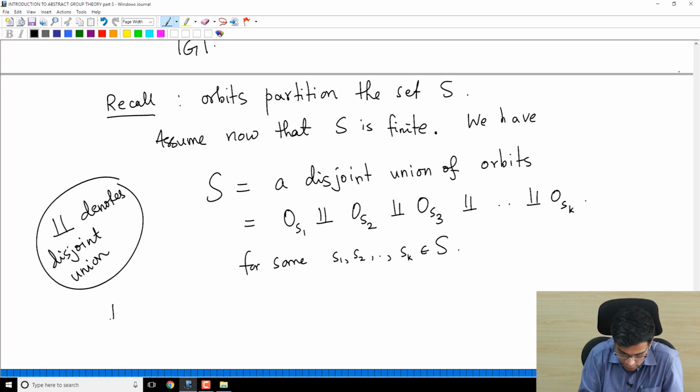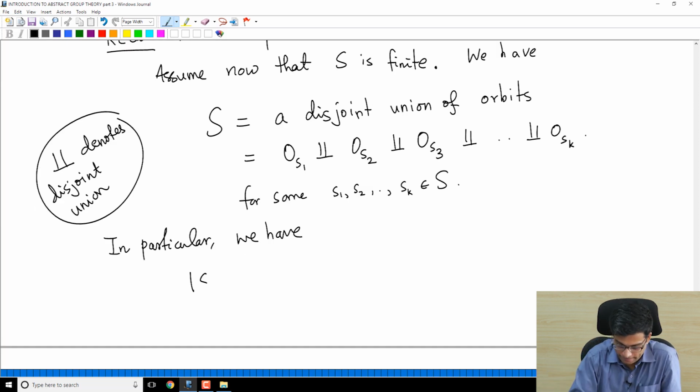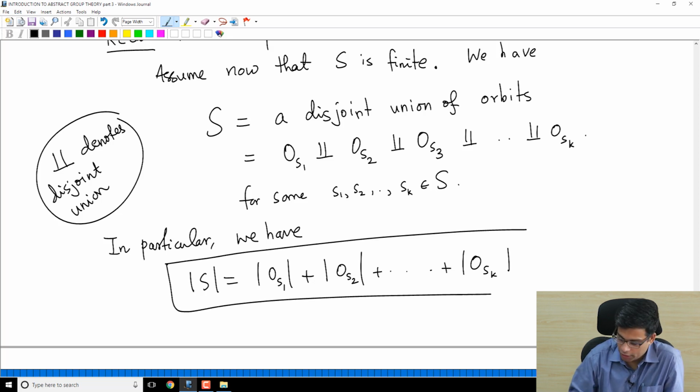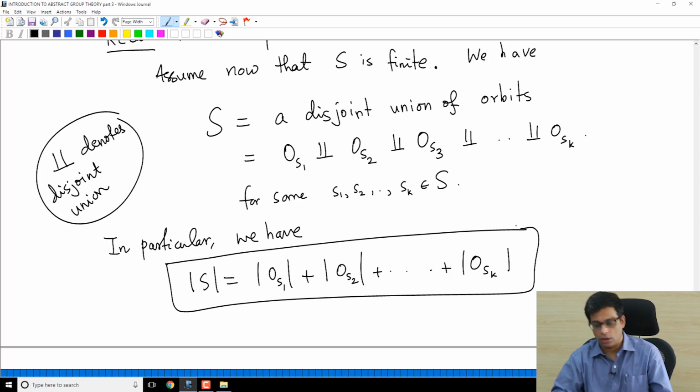So in particular we have that the order of the set S is equal to the order of the orbit of s1 plus the orbit of s2 plus and so on up to the orbit of sk. This is another important counting formula, also related to the earlier counting formula.